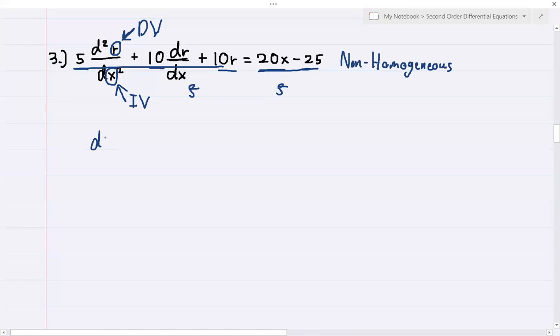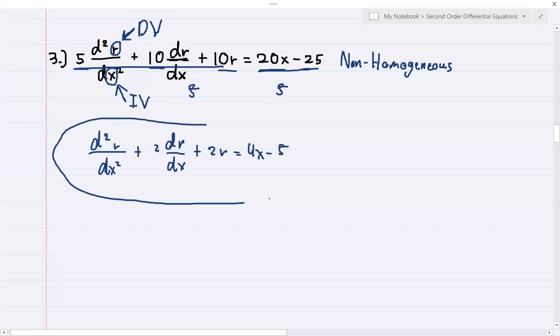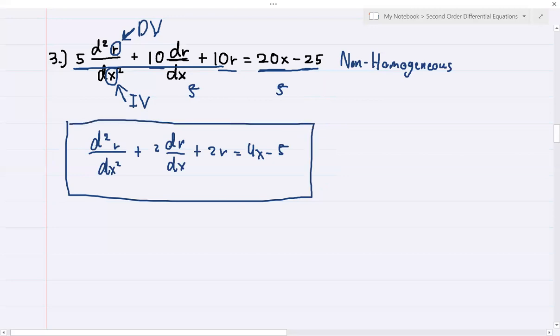So we will have the simplified problem of d squared r over dx squared plus 2 dr over dx plus 2r is equal to 4x minus 5. So this is your simplified equation to your given problem, and we're going to base everything on this.